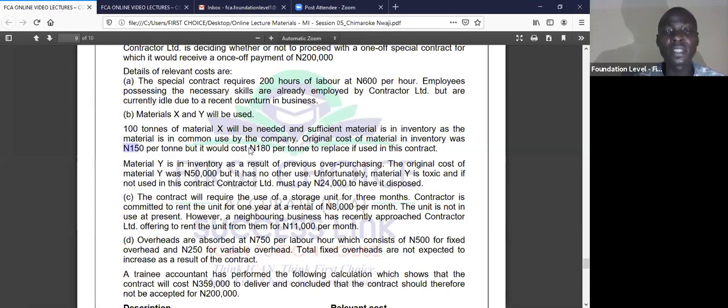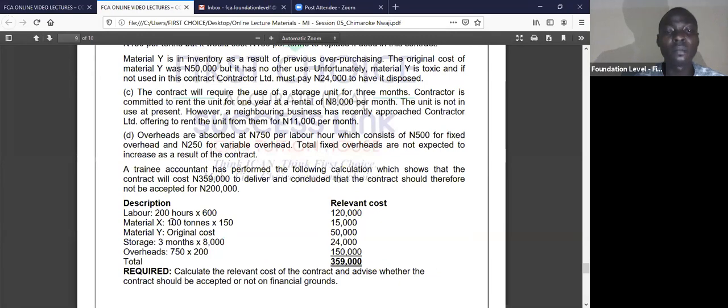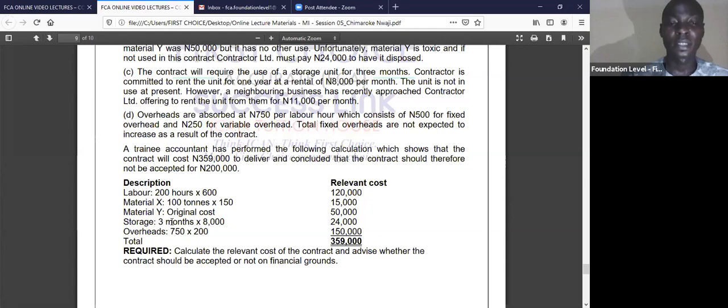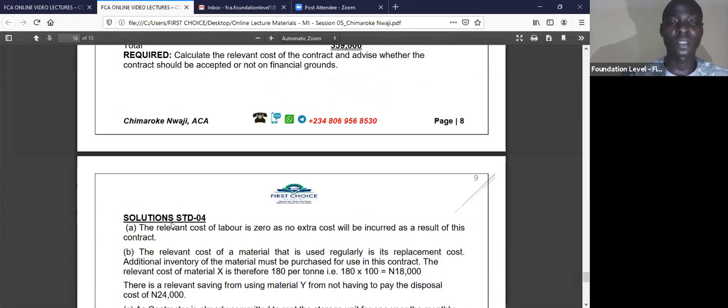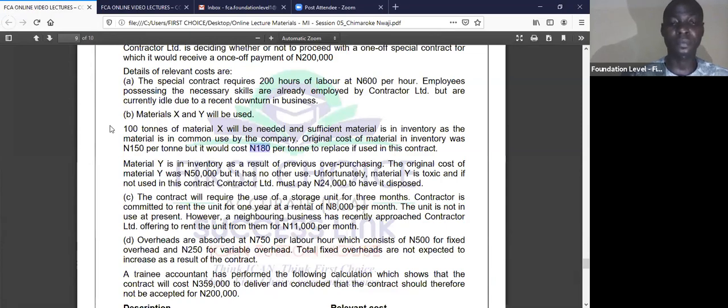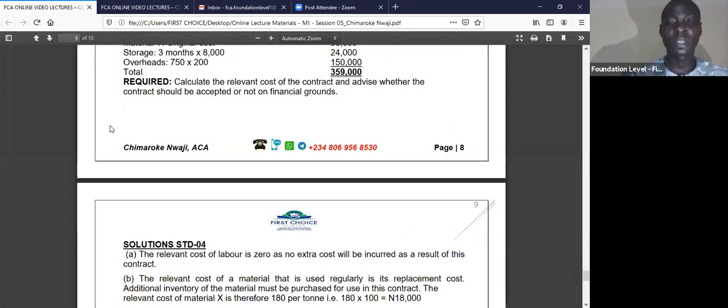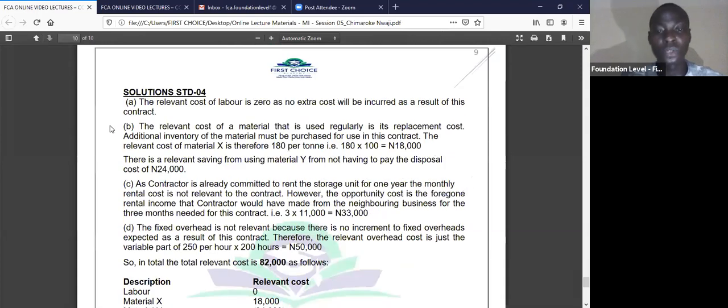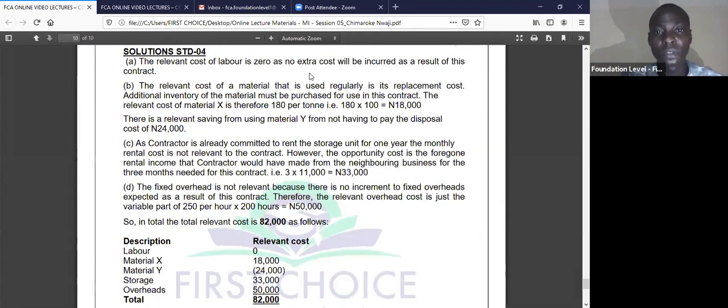What is relevant is the market cost of 180. So all we need to do is 100 multiplied by 180. I think that's what the solution is saying here. Let me open the solution here. Good. So it's 180 to give you 18,000.